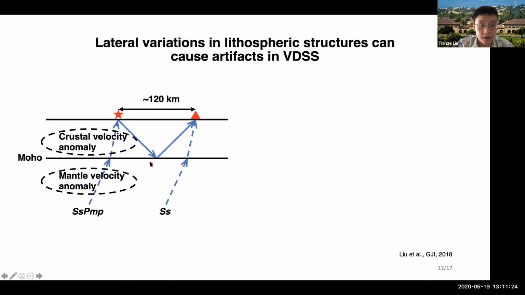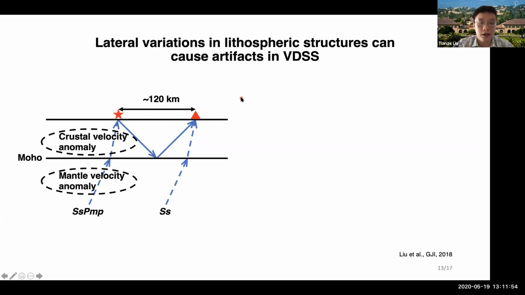And if this is the case, then the travel time anomaly caused by those velocity anomalies will be included in the observed travel time anomaly of the SSPMP phase.